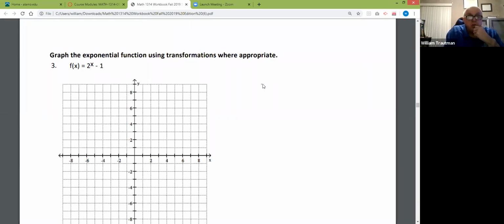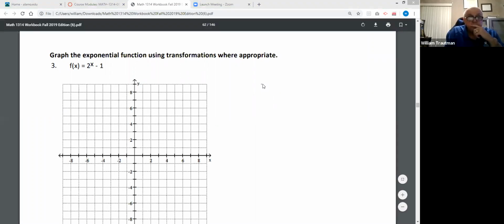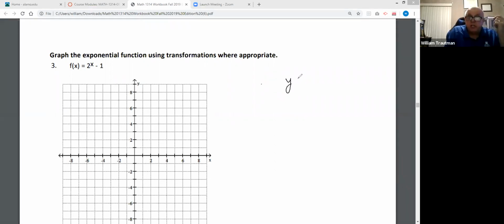Remember, our standard exponential graph, the one we did, y equals 3 to the x power, looked like that. It went through this point, then it went up.